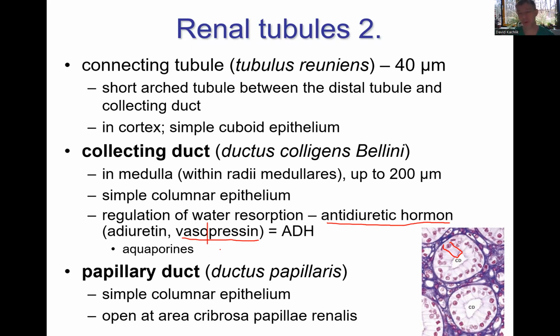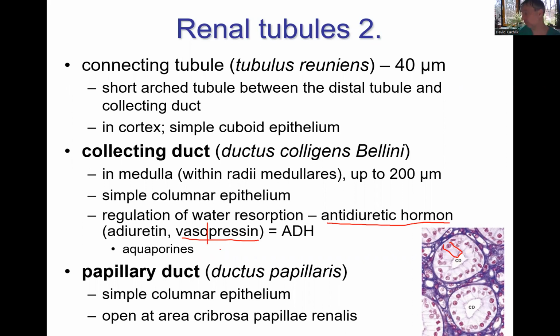So two names for one hormone, and this hormone is produced in the hypothalamus and secreted in the posterior lobe of the pituitary gland based on the osmoreceptors in the hypothalamus.